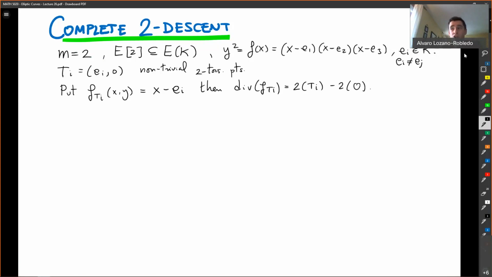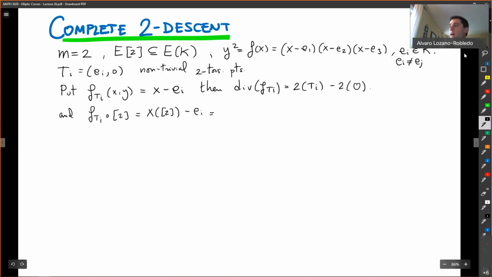We need the g function. The g function, well, we can compute f_Ti composed with multiplication by 2, that will be the g function squared. What is this? This is the x coordinate of multiplication by 2 minus e_i.